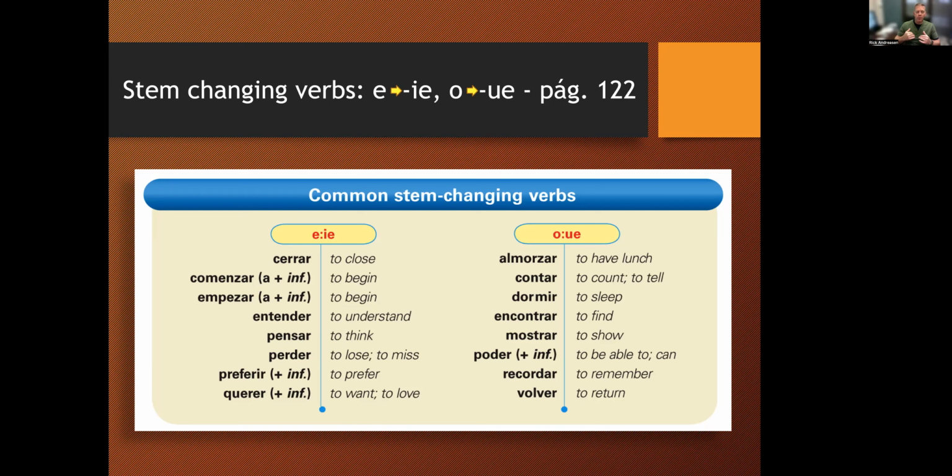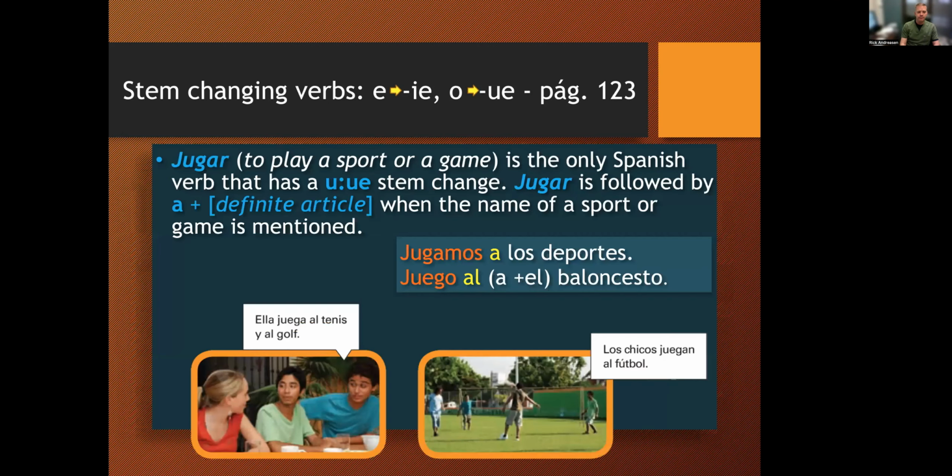Puedo, puedes, puede, podemos, podéis, and pueden. That O changes to UE. Recordar, to remember. Recuerdo, recuerdas. And volver, which we already saw. Vuelvo, vuelves, etc. So those are very common E to IE and O to UE verbs that you'll be looking at this week in your vocabulary.